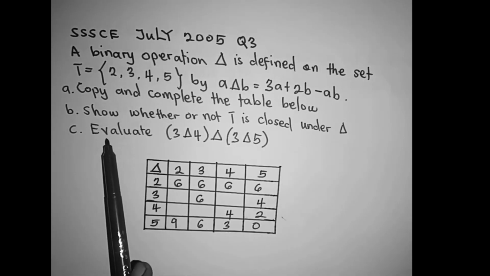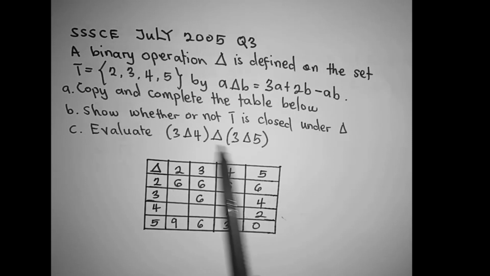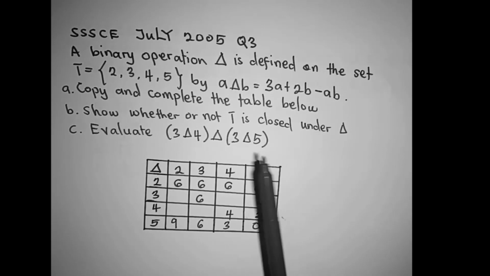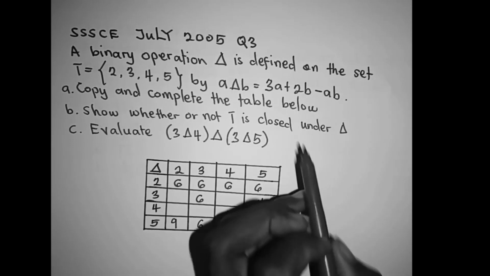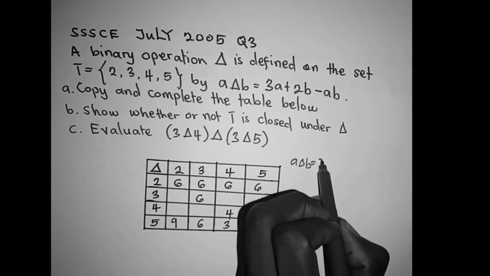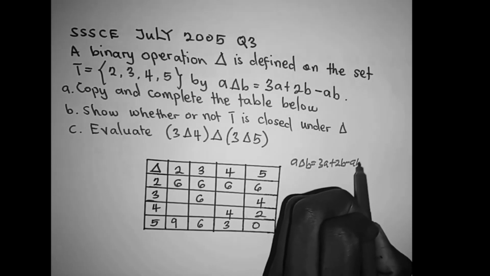And the third aspect is we should evaluate in one bracket 3 operation 4, operation 3, operation 5. So now the operation is A operation B equals 3A plus 2B minus AB.